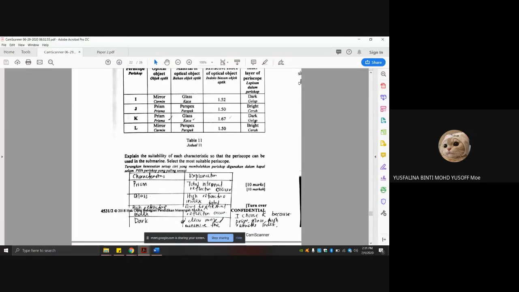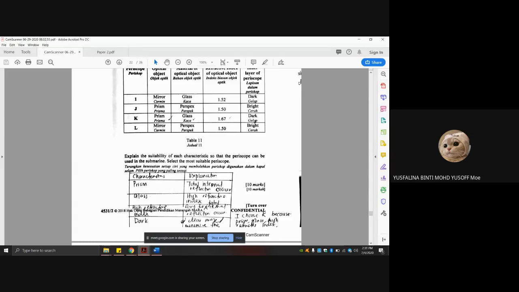Then we use glass, with a high refractive index. Refractive index actually represents the density of the object. If the object has a high refractive index, it means the object is more dense. So the higher the refractive index, the higher the density.